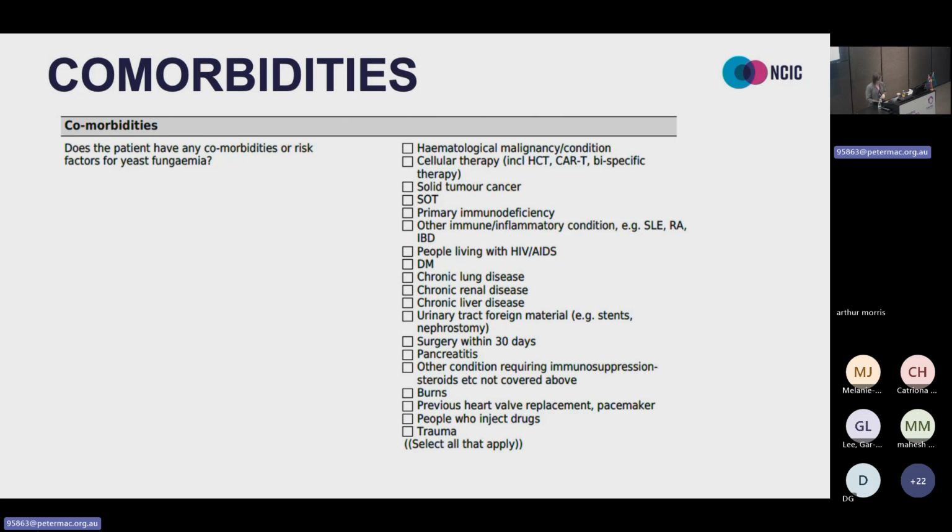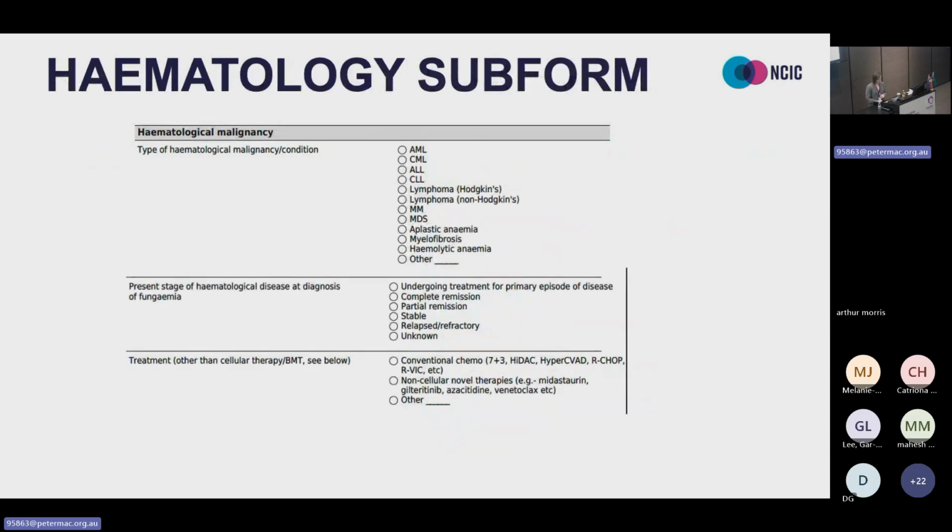hematologic malignancy, where we want more information about what type of patient they are. And so this is just a quick snapshot of the haematology subform about the type of malignancy or condition, where they're at as far as their treatment, trying to keep it simple, whether it was most recently conventional chemotherapy versus non-cellular novel therapies.